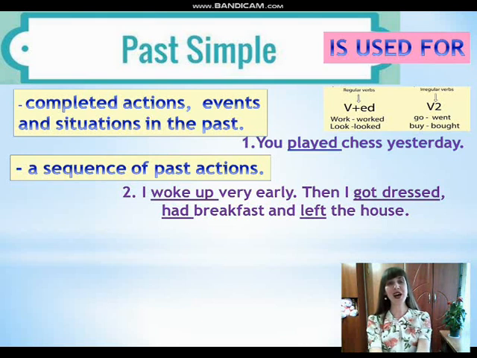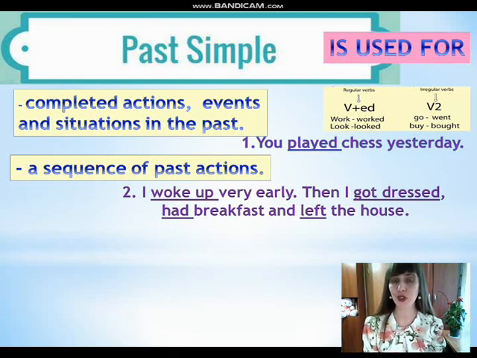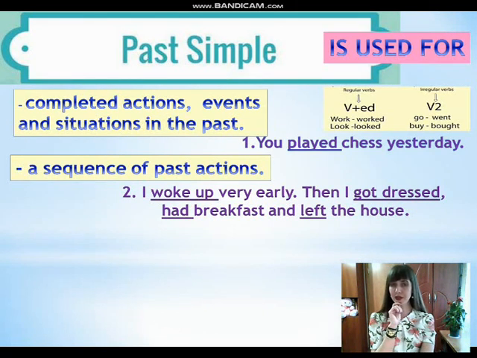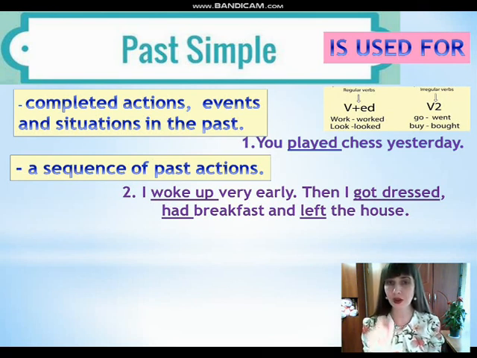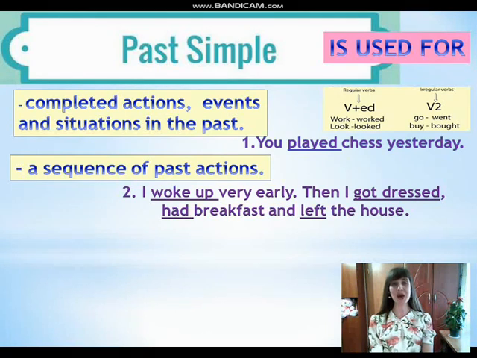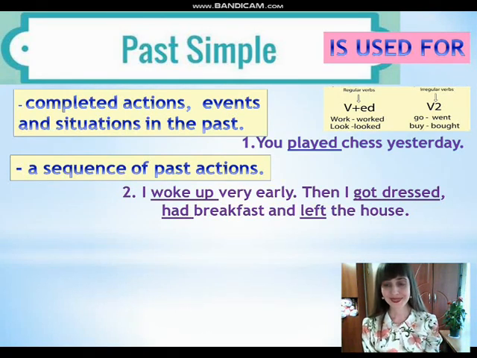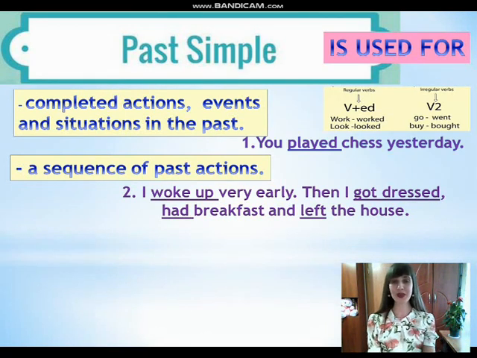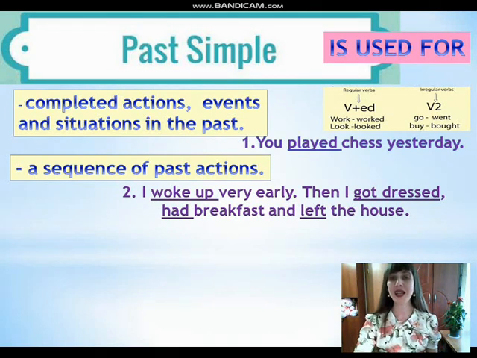Where can we find the irregular verbs? In the special table of irregular verbs, right? But do you remember which column is for the past simple tense in this table? What is its number? I'm sure you know. Yes, you're absolutely right. That is column number 2 for the past simple tense.